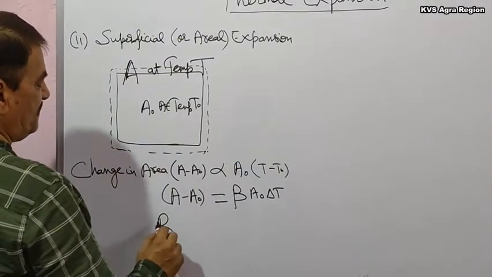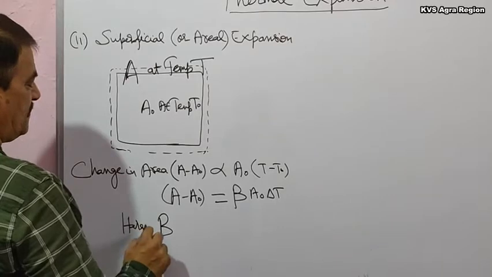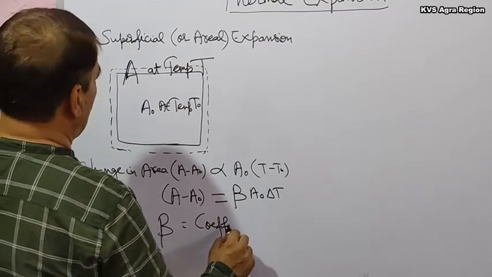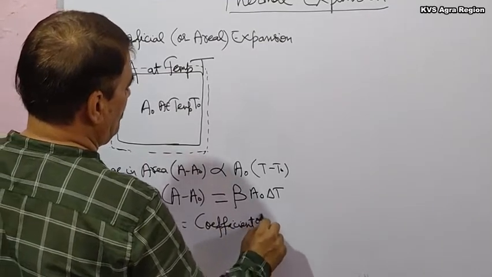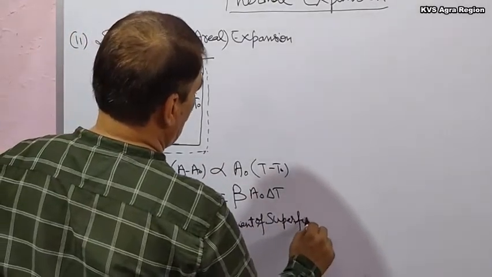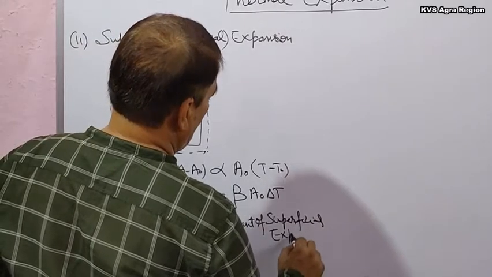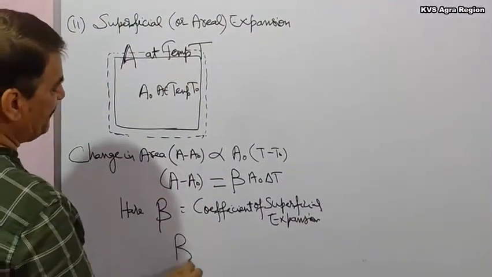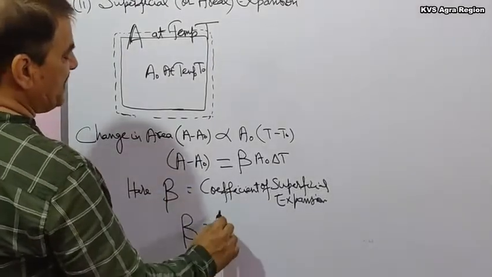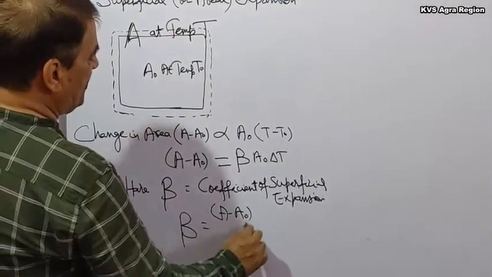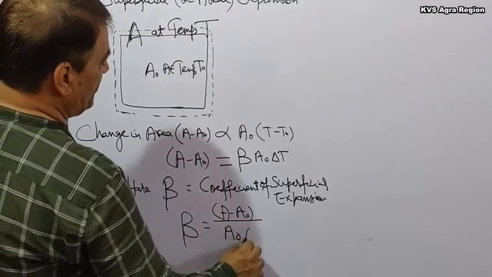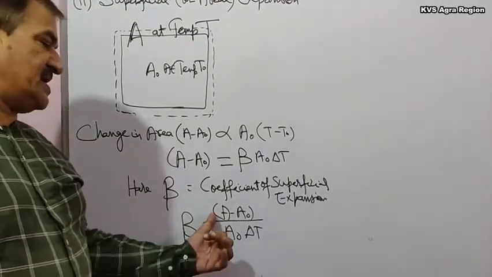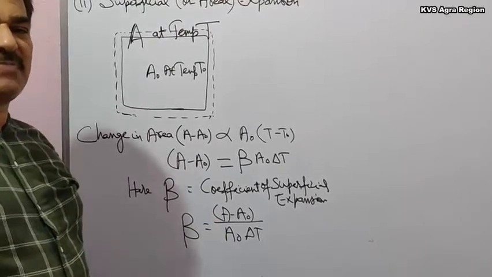Here beta is called the coefficient of superficial expansion, and this beta will be defined as change in area, A minus A0, upon A0 into delta T. So the coefficient of superficial expansion is defined as change in area per unit original area per unit rise in temperature.